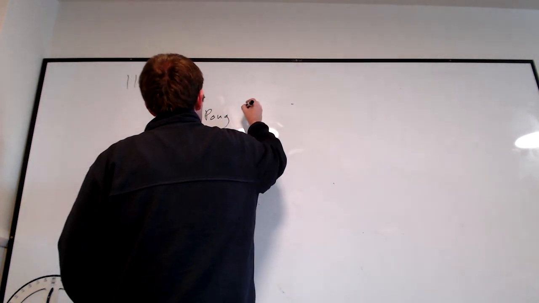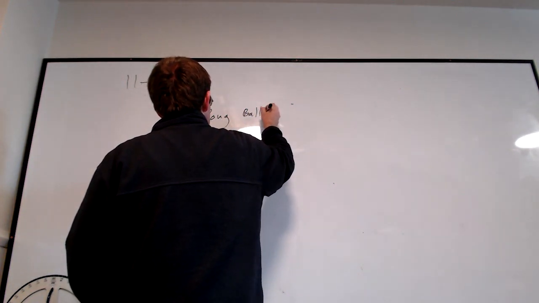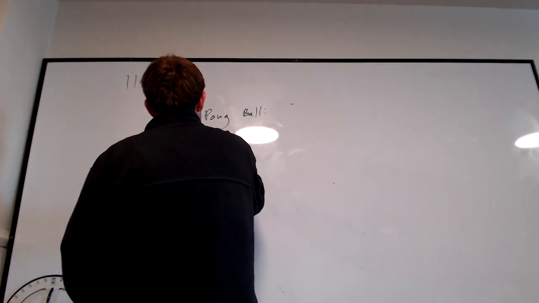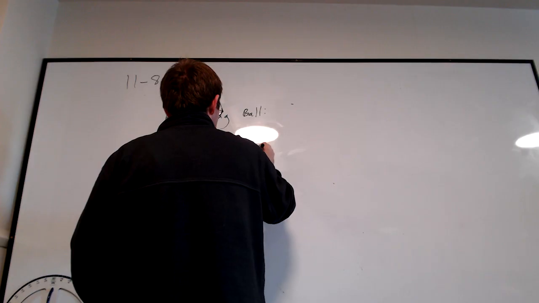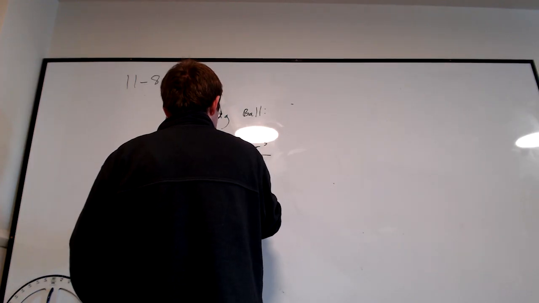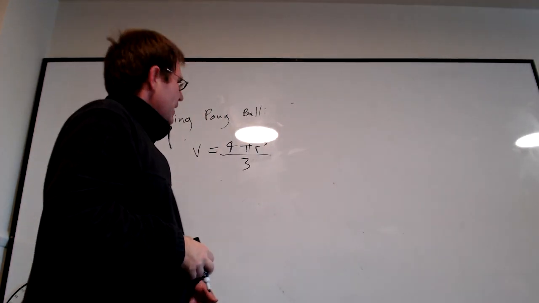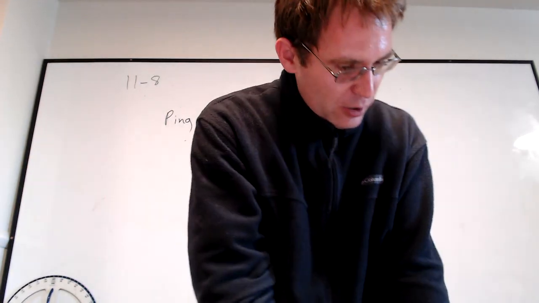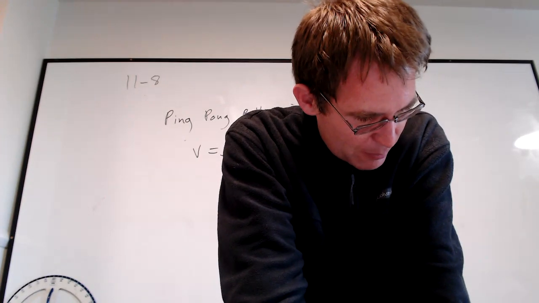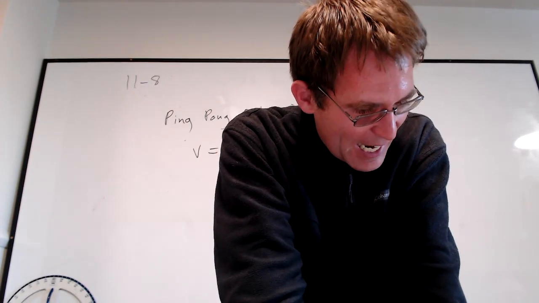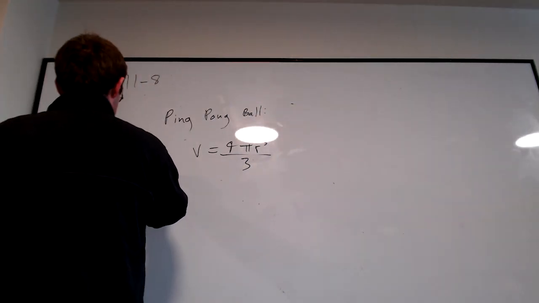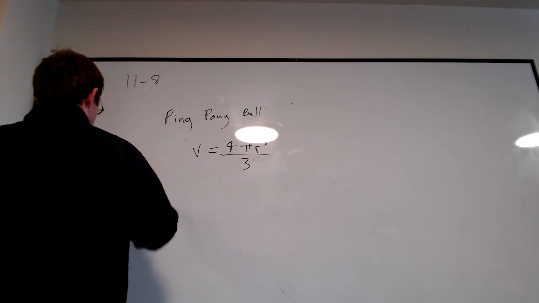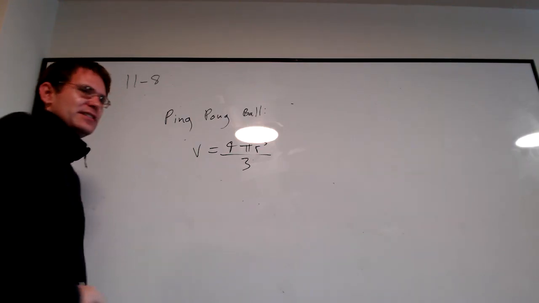ping pong ball. So volume equals 4 times pi r to the third over 3. In this case, the ping pong rules state that a ball must be spherical with a diameter of 40 millimeters. Anyone know how to draw a sphere?